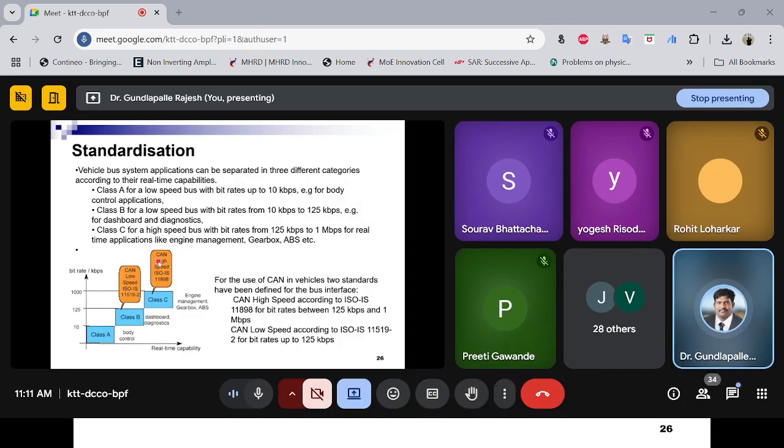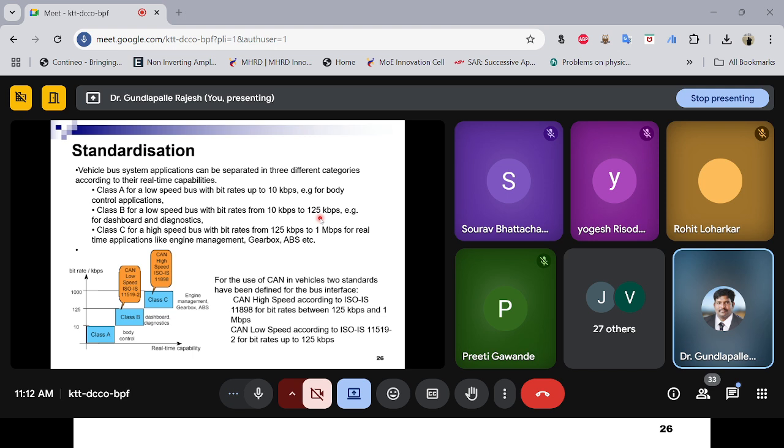Now coming to the standardization, we have three standards of the CAN: class A, class B, class C. Class A has a maximum rate of up to 10 kilobits per second. Class B is 10 kilobits to 125 kilobits, for low bus speed.